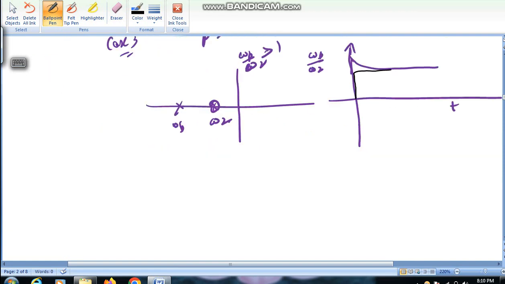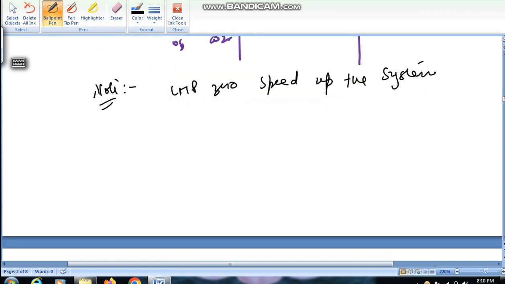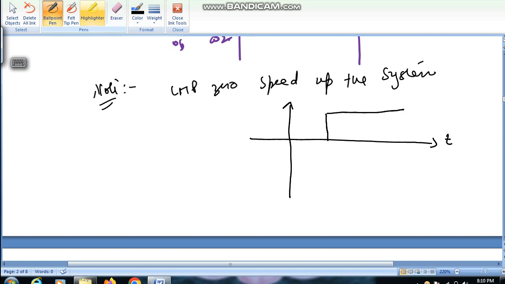Okay, so the point to note here is that the left hand plane zero speeds up the system. Say this is your step input, then your output will be like this for the three cases. One is this.